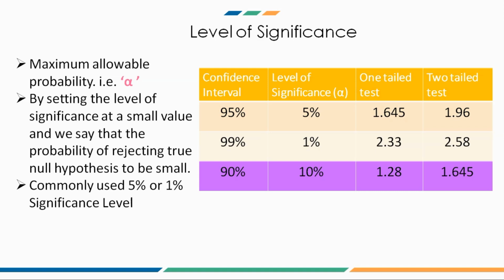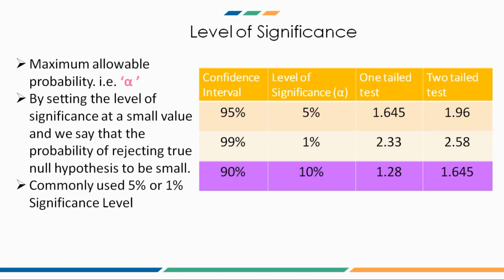Level of significance. The maximum allowable probability is alpha. Normally statisticians consider a minimum level of significance like 5% or 1%. By setting the level of significance at a small value, we say that the probability of rejecting a true null hypothesis is small.